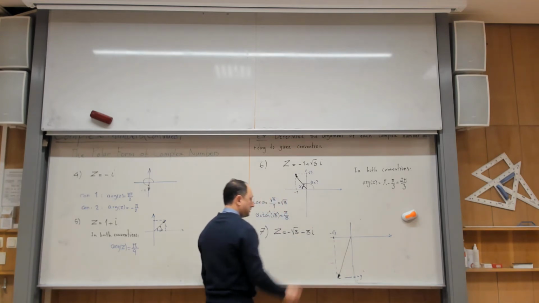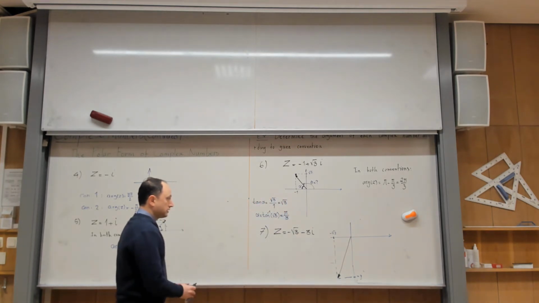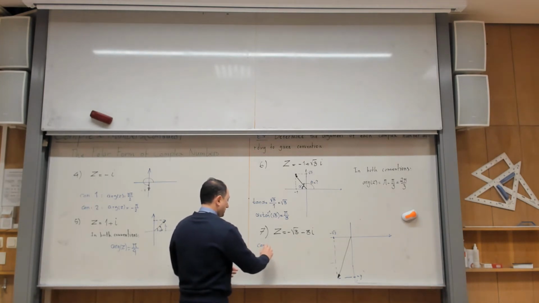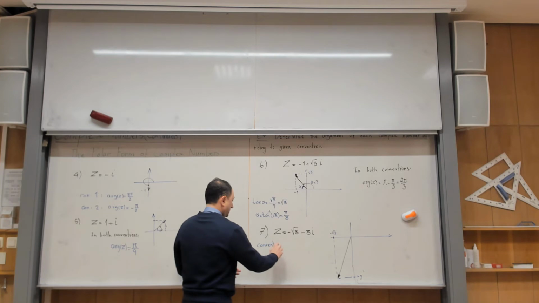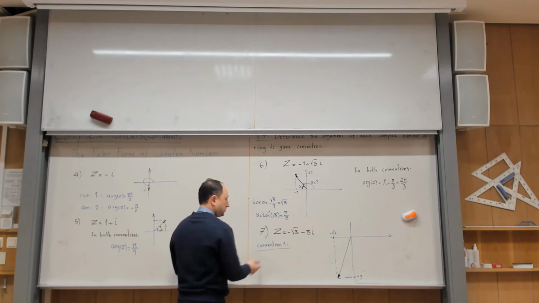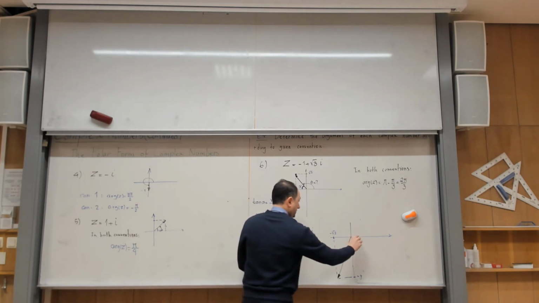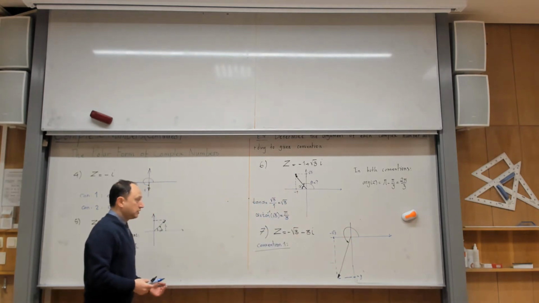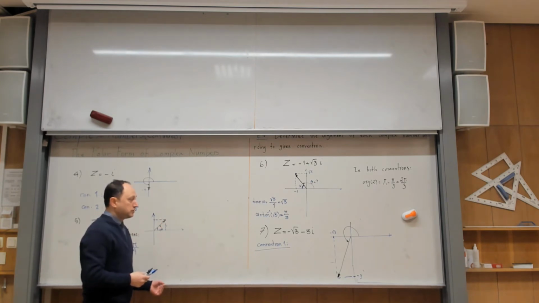So here it matters which convention you are using. Let us consider convention 1 first. This is the easier one for you probably. So in this convention you need to concentrate on this angle. Yes? Because it should be somewhere between 0 and 2 pi.